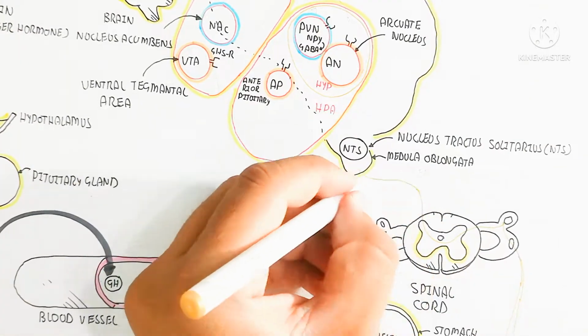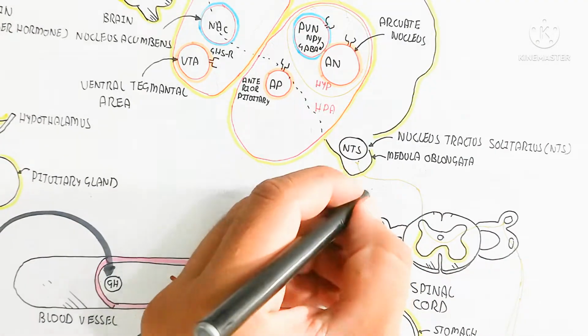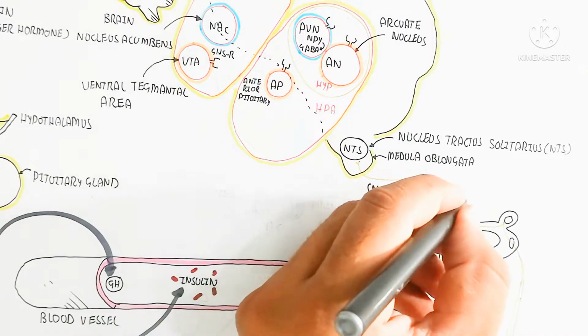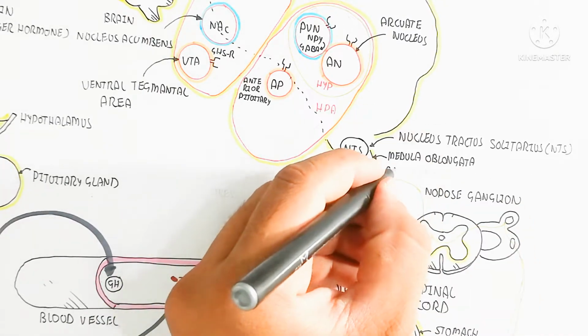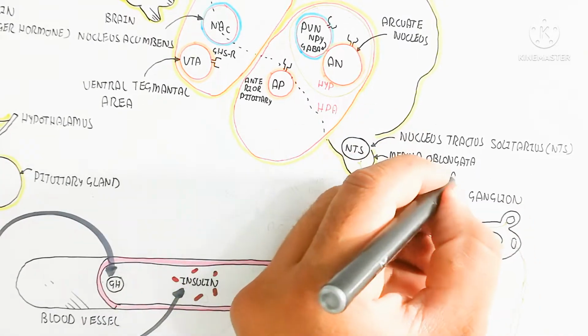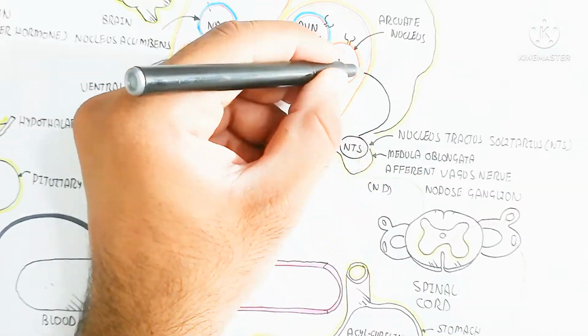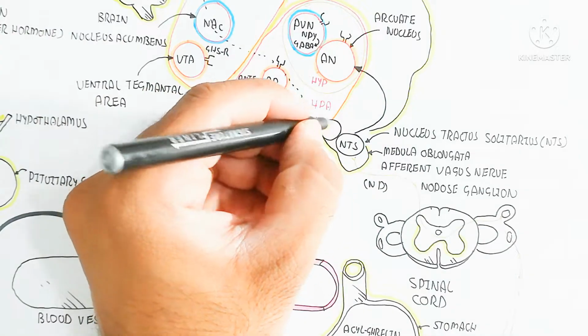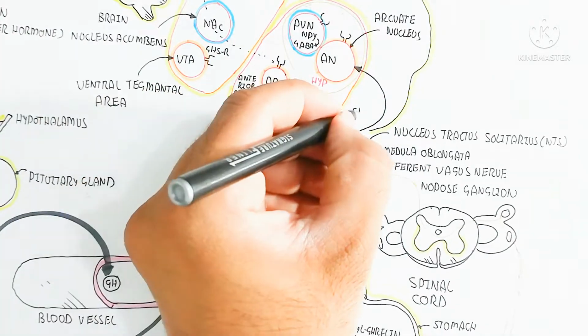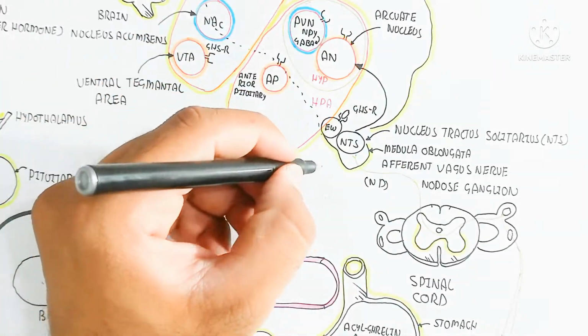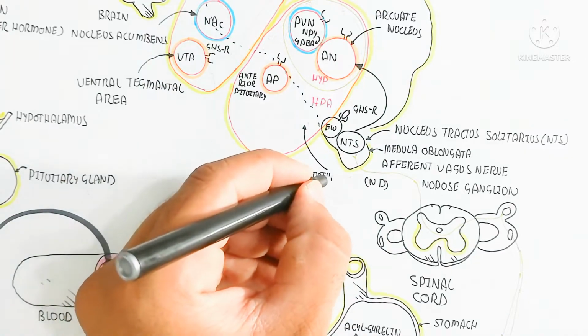This is the afferent vagus nerve, which will travel to the dorsal root ganglion of the peripheral nervous system, leading into the central nervous system at the dorsal horn of gray matter, and move through the nodose ganglion. This nodose ganglion is basically the afferent vagus nerve, which will target the NTS.